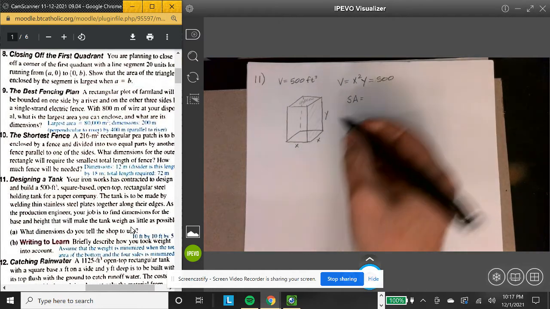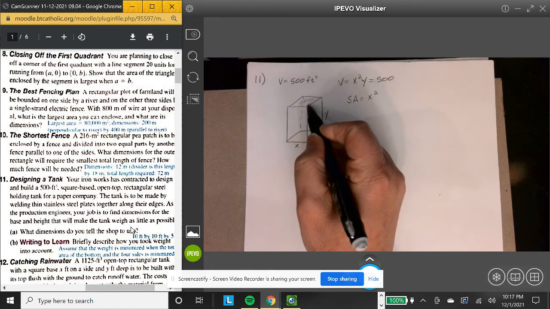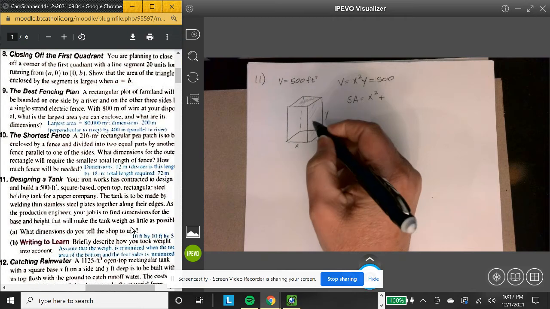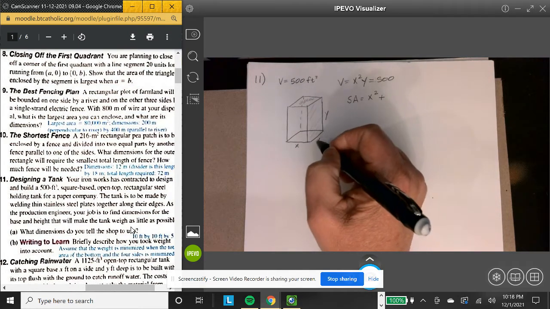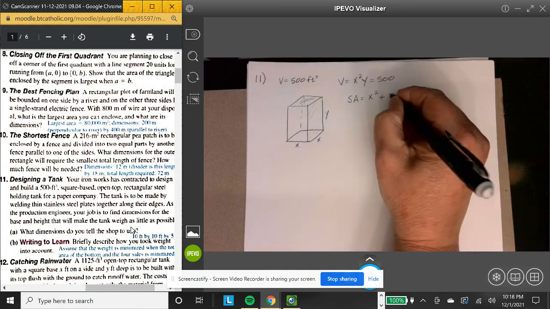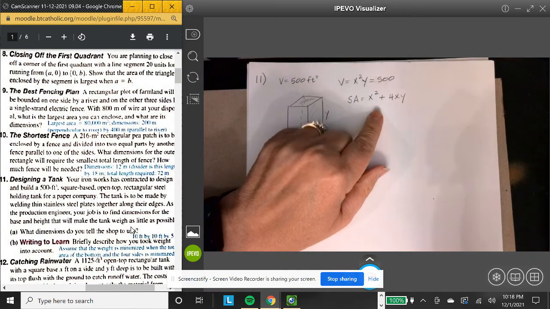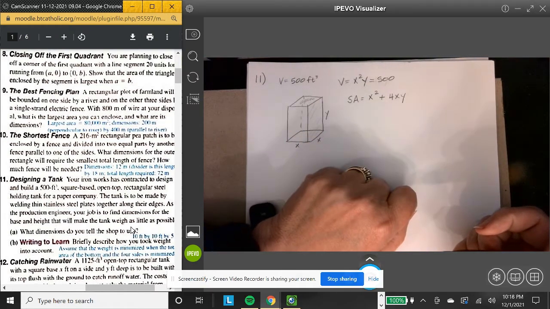So let's do the surface area. Well, the area of the base is x squared. I'm not including the top because that's been indicated it will be open, plus the area of each one of these faces. And one of the faces is xy, and there are 4 of them, so it'd be 4xy. Now, in this equation, I have too many variables on the right. I have x squared and xy over here.